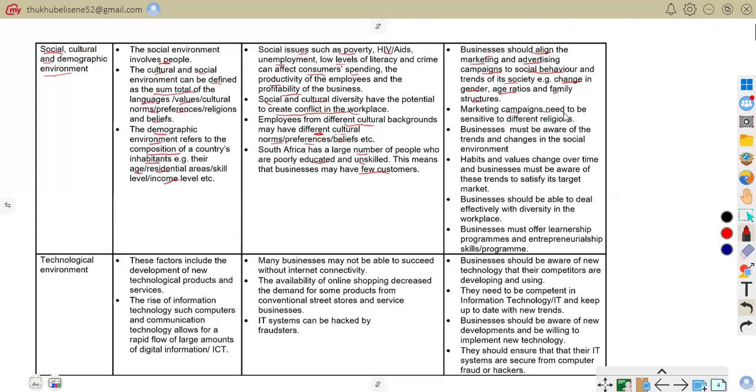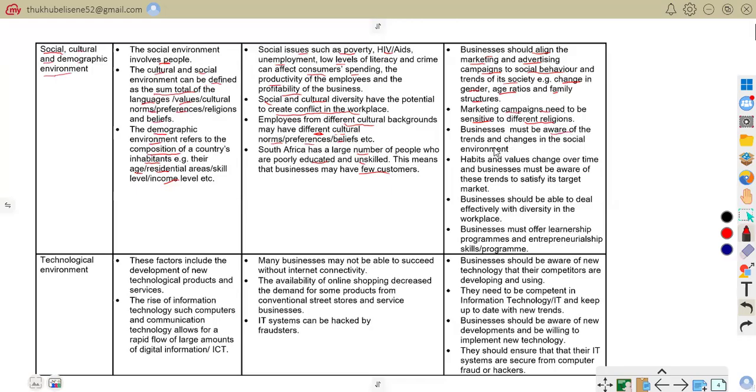The marketing campaigns need to be sensitive to different religions. Be sensitive to religions, meaning to say, respect beliefs. Avoid adverts that offend religions.